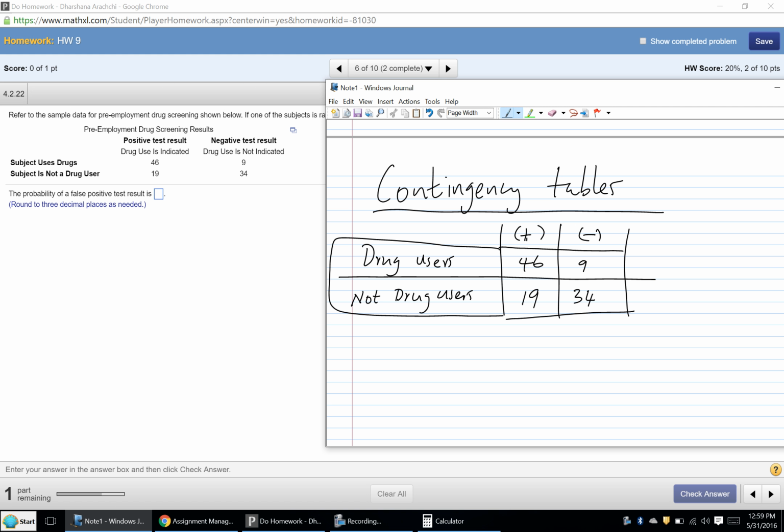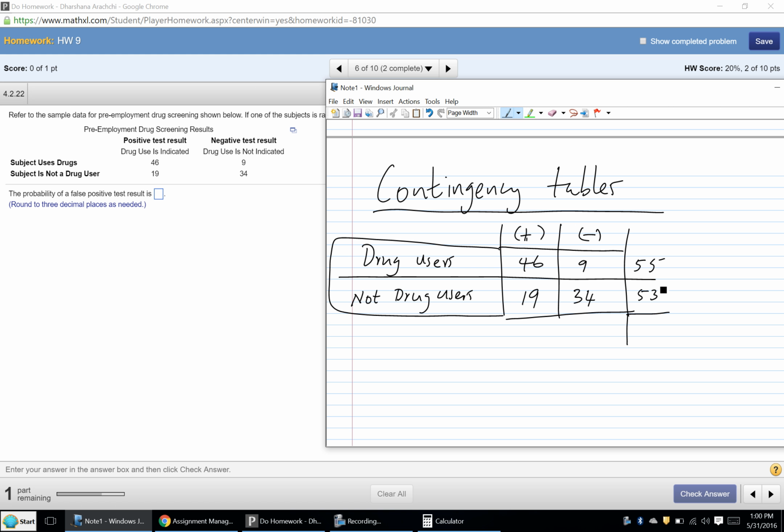Now, one of the subjects is randomly selected, right? So totally there are how many? How many drug users? 46 plus 9 is 55. So there were 55 drug users in the experiment. And how many non-drug users? 19 plus 34 is 53.